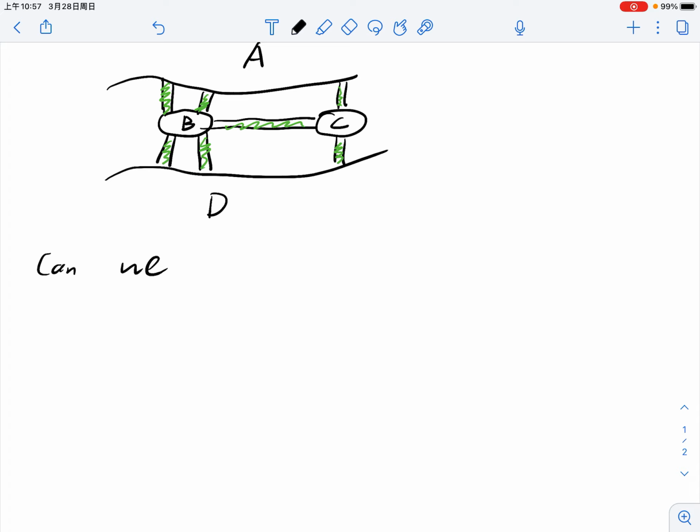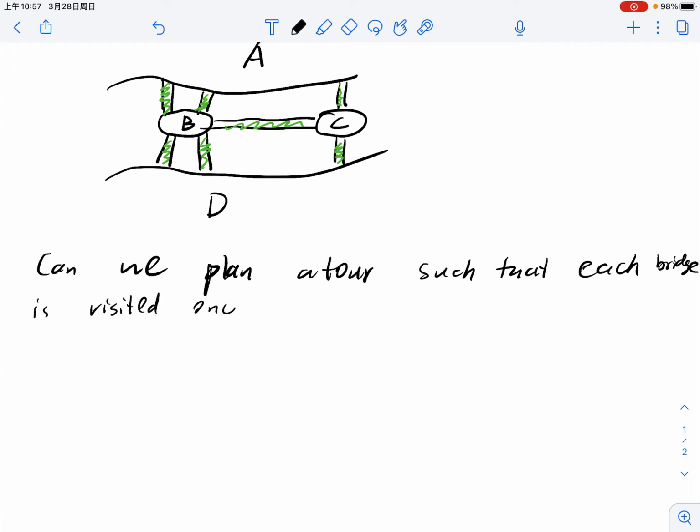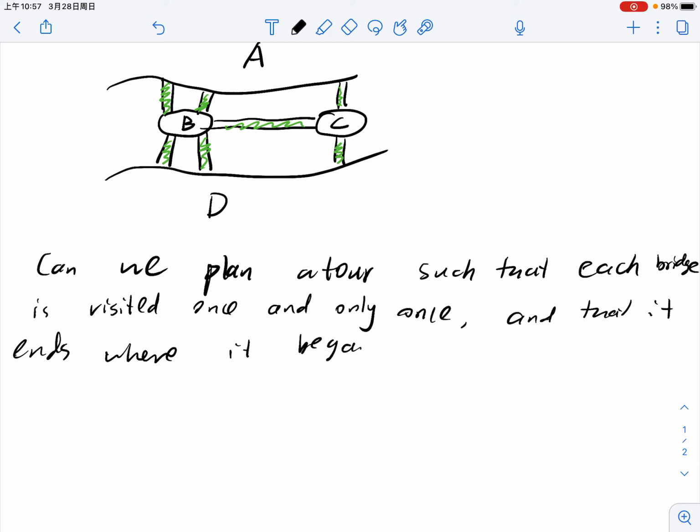So can we plan a tour such that each bridge is visited once and only once, and that it ends where it began?